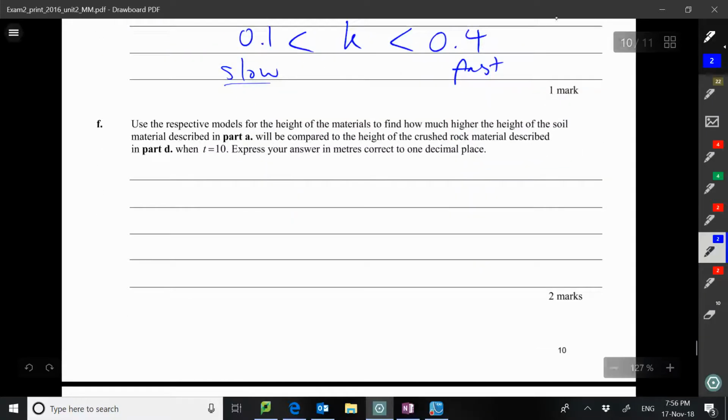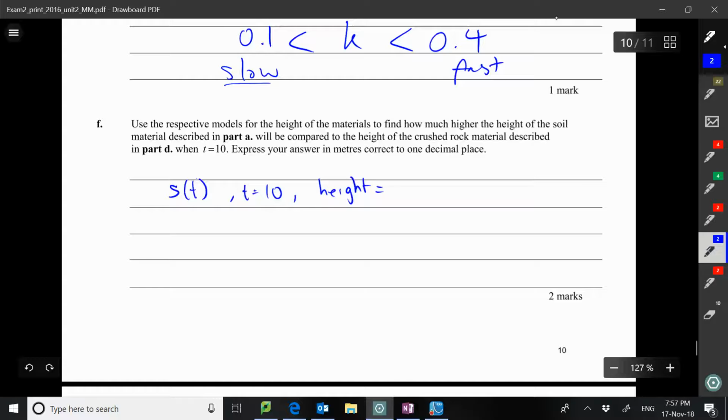Now use the respective models for the height of the materials to find how much higher the height of soil material described in part A will be compared to the height of the crushed rock material described in part D when t equals 10. Well, part A, I had it as f of x, or technically it's s of t, and I want to know when t equals 10, what is the height.